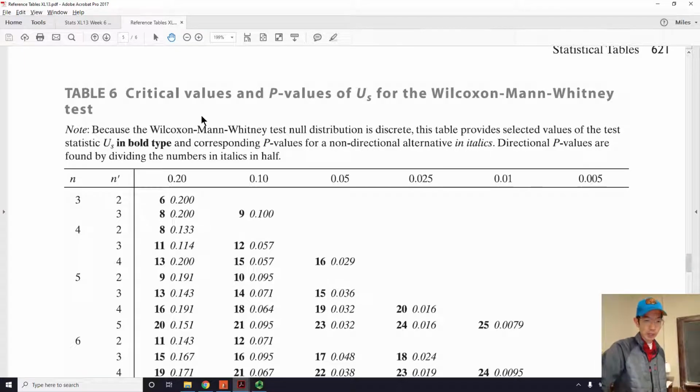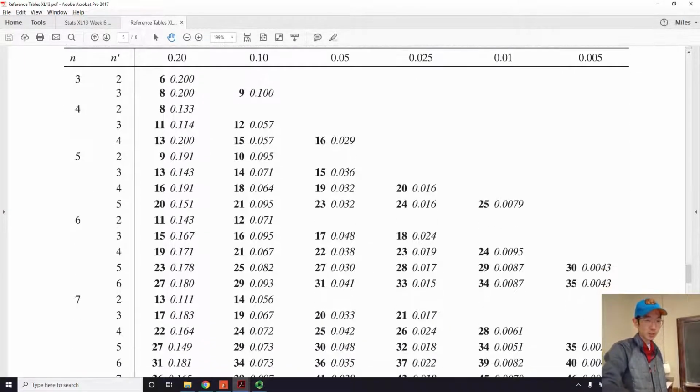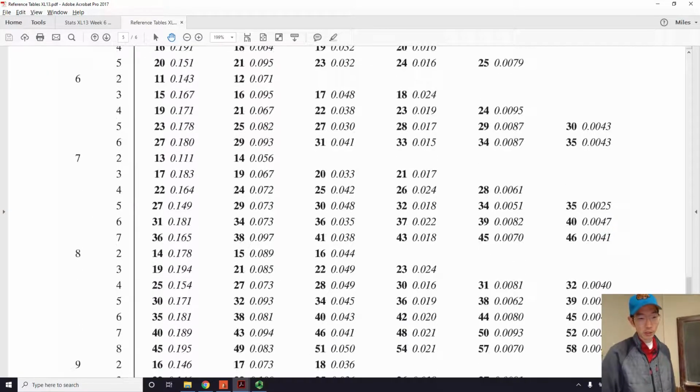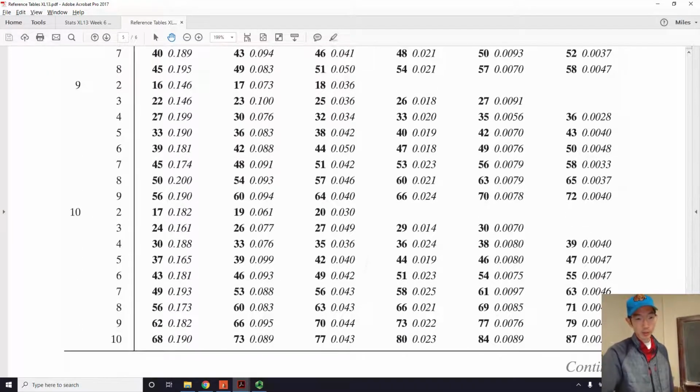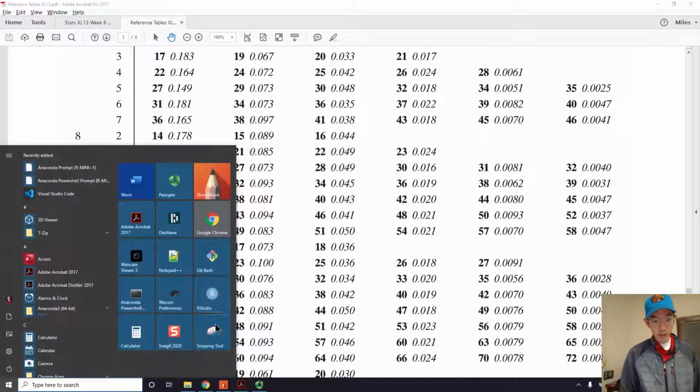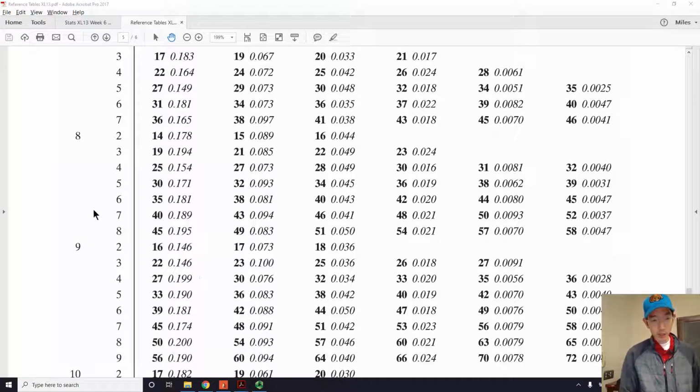Okay, so we go to this first column over here, n is n, and we go down to n is 8, and n prime is 7. Okay, so we go down to n prime. Where am I? Okay, n is 8, and then the second column, n prime is 7. All right, and so I'll go ahead and I will copy this portion.